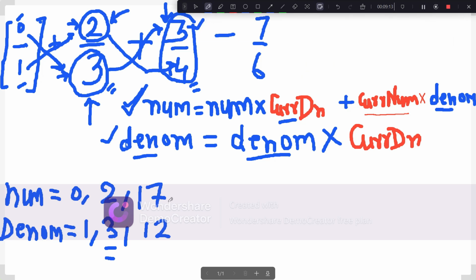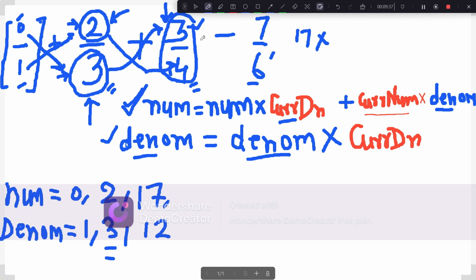So 17 is the current value, right? So num equal to 17. We will evaluate this value. So let's go for 17 into, what is the denominator? Denominator is 4, right? So we will multiply with 4 plus, but num here is, sorry, this is 6, right? So let me correct it.